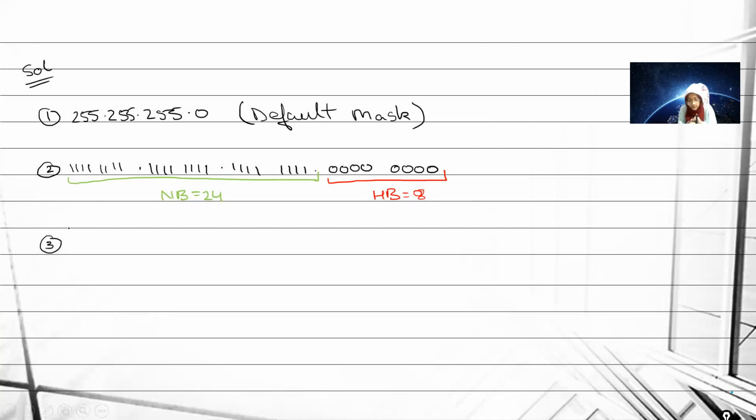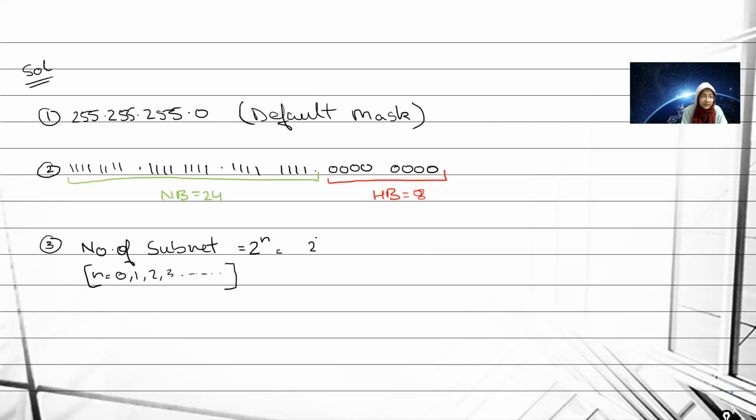How many subnets are we going to find out here? The number of subnets is equal to 2 to the power n. Okay, what is n? It's not the number of host bits, it's any whole number: 1, 2, 3, and so on.